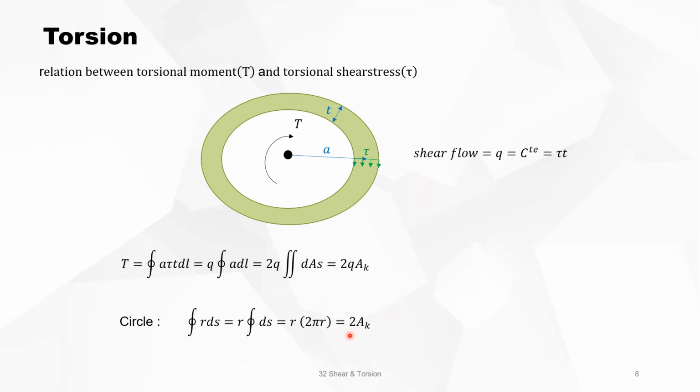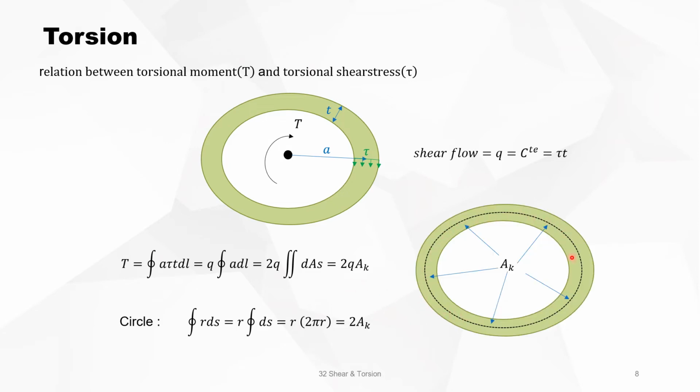So that gives you an indication where the 2 is coming from. So we must remember that the torsional bending moment equals 2 times the area AK times the shear flow.